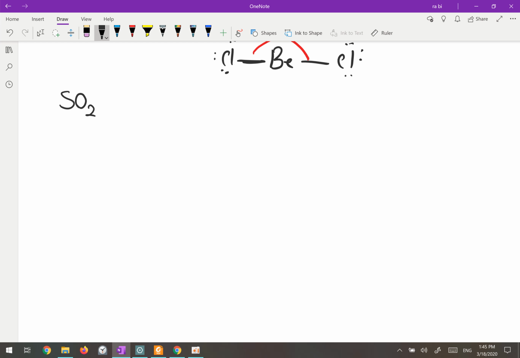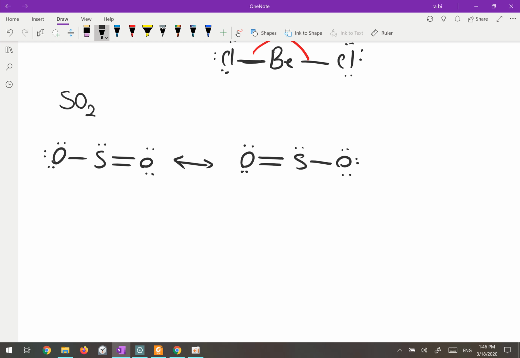For the SO2 molecule, I draw the resonance structure. One of the resonance structures is like this, and it has resonance with another structure. So this is the SO2 molecule.